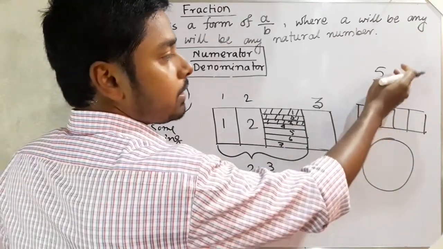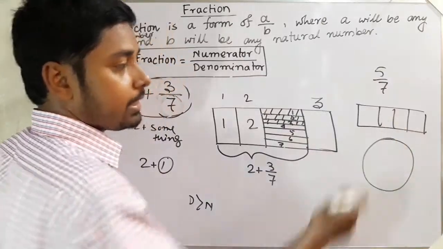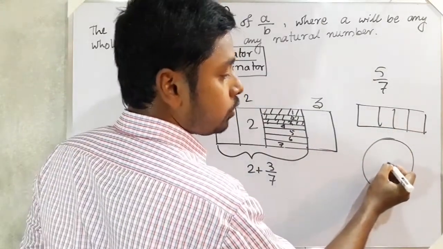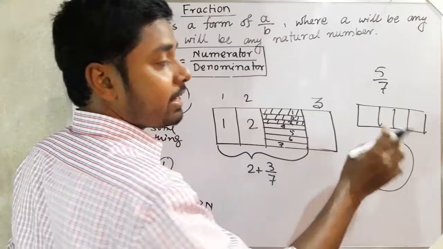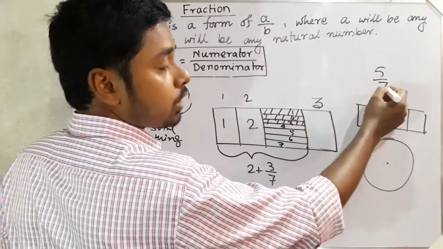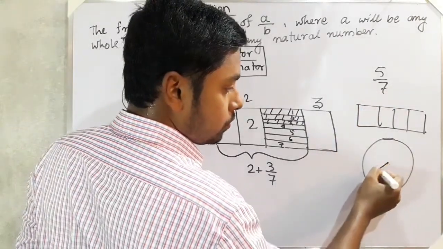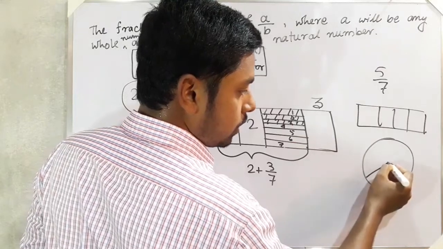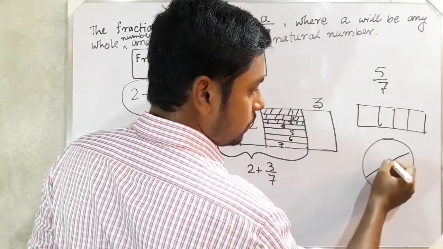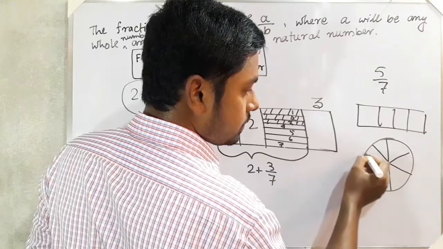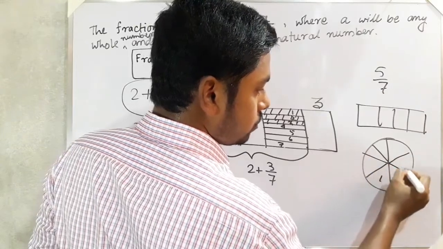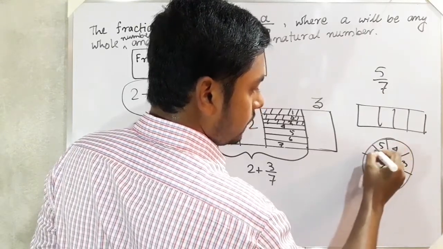Suppose we have to represent 5 by 7 by a circle. Then how can we represent it? We have to divide this circle into 7 equal parts. First, 7 is the total parts, 7 equal parts. So 1, 2, 3, 4, 5, 6, 7.